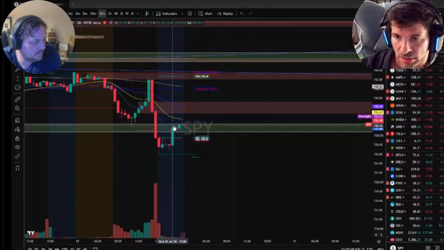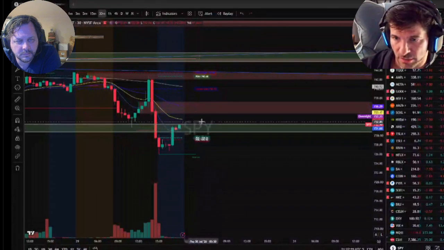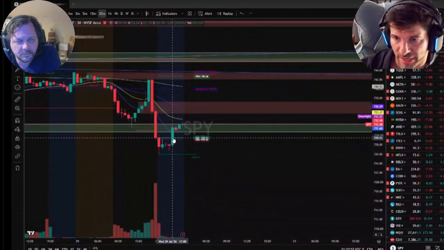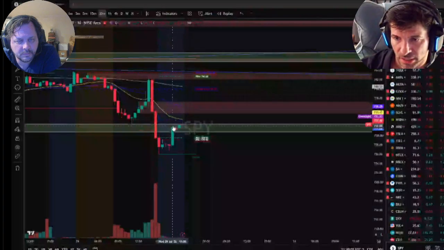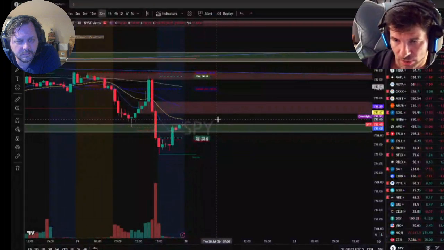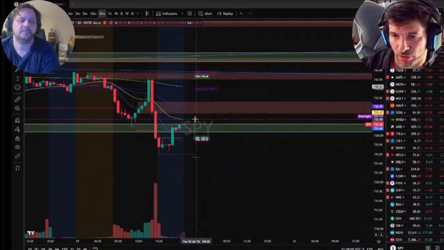I am expecting the market to continue to rise until we get to certain EMAs. If I get in here and I hit the 9 EMA right there at this level, I'm trimming here. And then we hit the 21, I'm trimming more, or I exit, depending on the market.